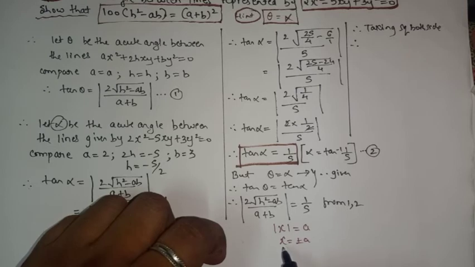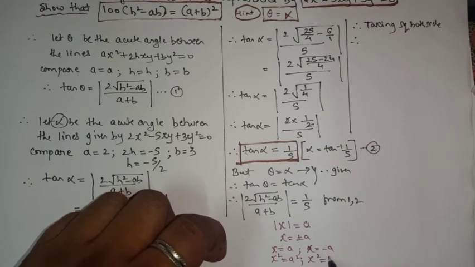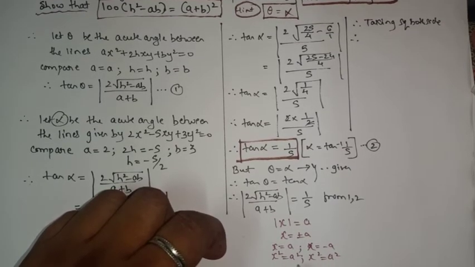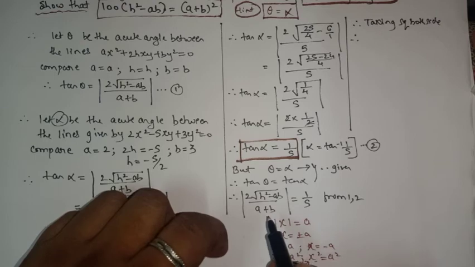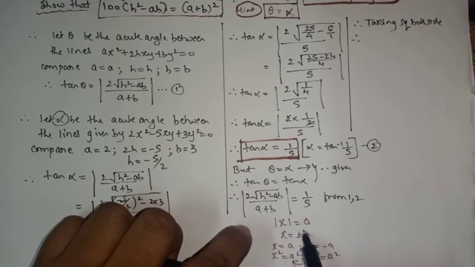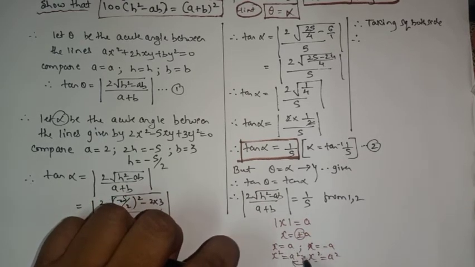When you square, x equals to a and x equals to minus a, taking square on both the side, x square will be equal to a square, and x square equals to minus a square will be a square only. So indirectly you are getting the same answer in both the conditions when you take square. When you remove the mod you get plus or minus, but when you take square on both the side, you get the same answer only.